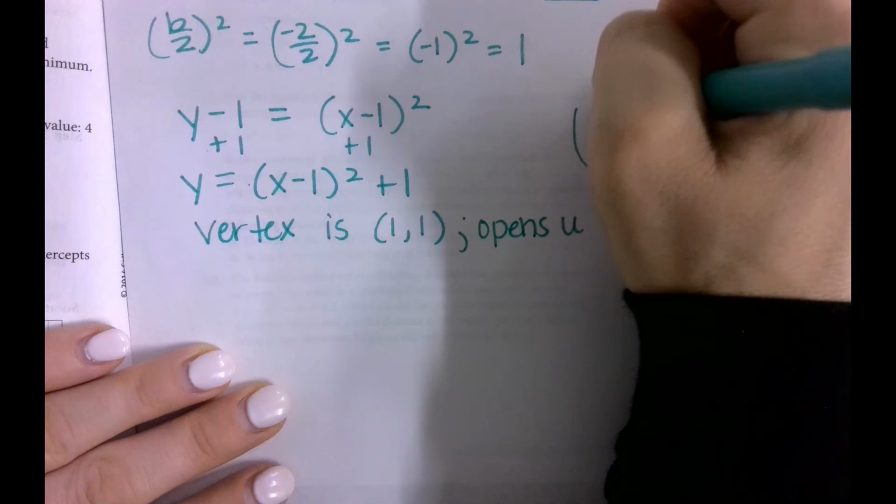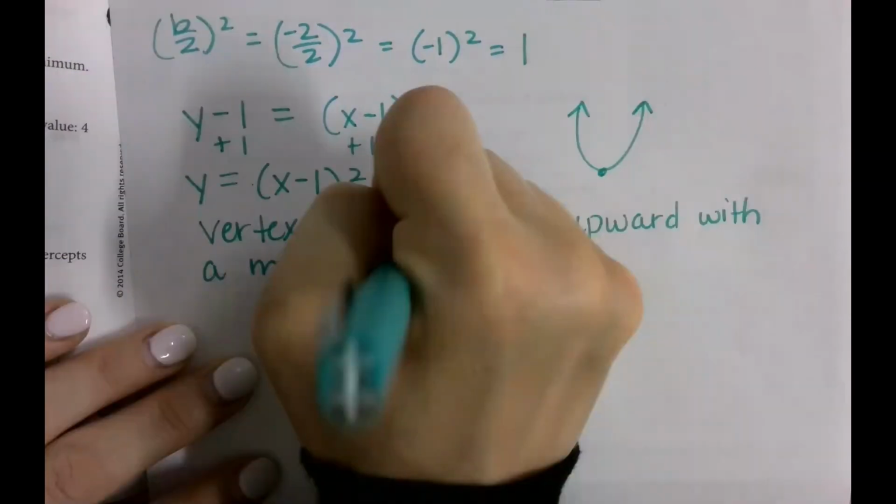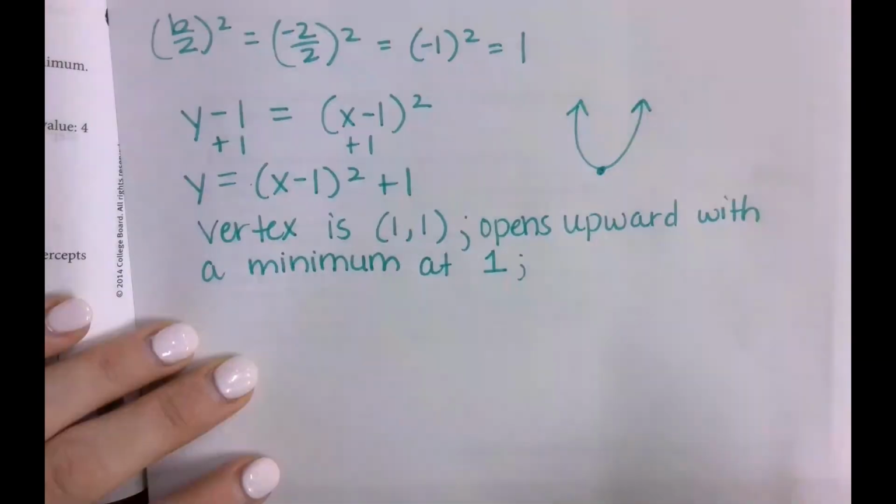So it opens upward with a minimum, the same as the vertex. And we always put the minimum value as the y value, which is 1 in the vertex. So a minimum at 1.